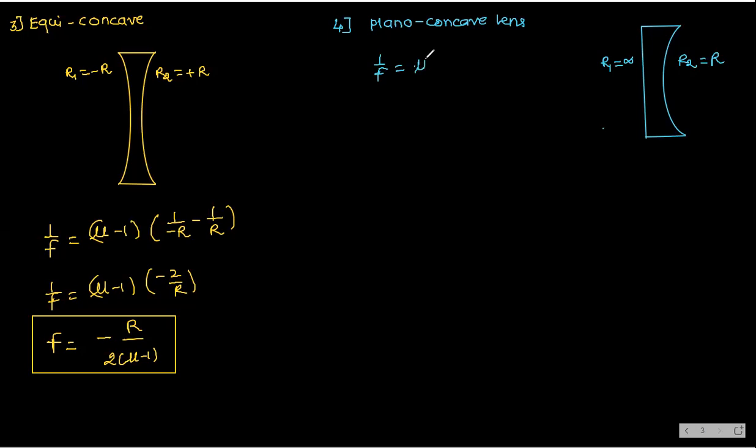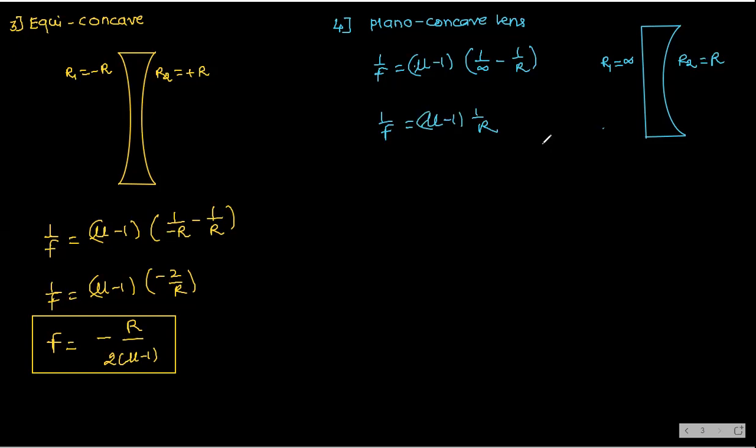Mu minus 1 into 1 by R1 is 1 by infinity minus of 1 by R. So this is going to be 1 by F is equal to mu minus 1 into 1 by R.